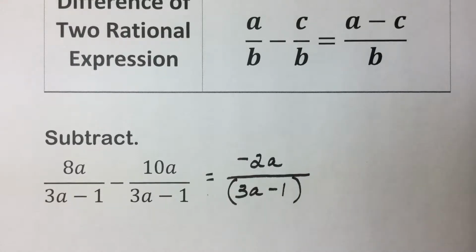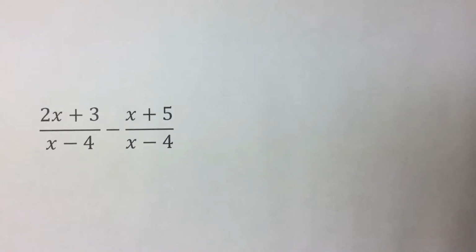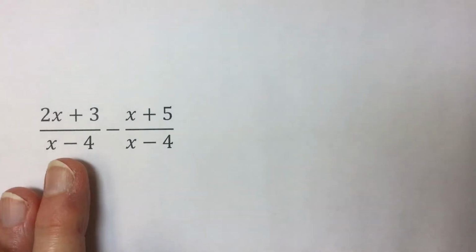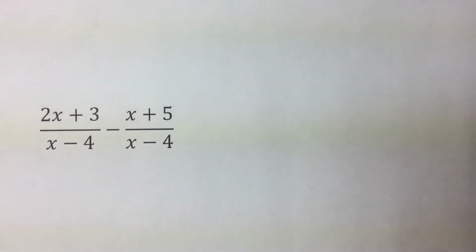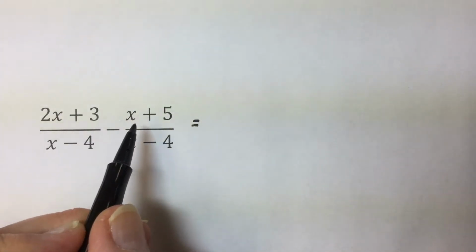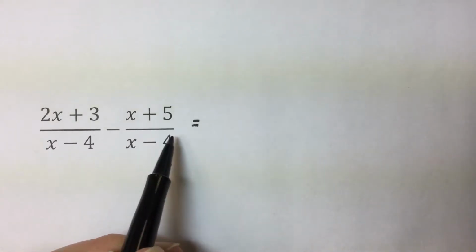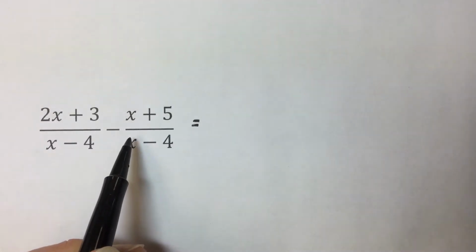Here we have another difference of rational expressions having common denominators, so we will subtract the numerators. The fraction bar under this numerator is a grouping symbol, just like parentheses.